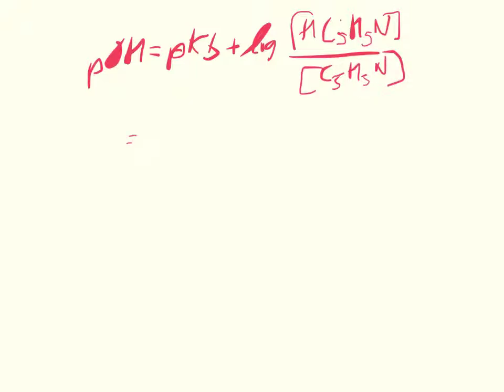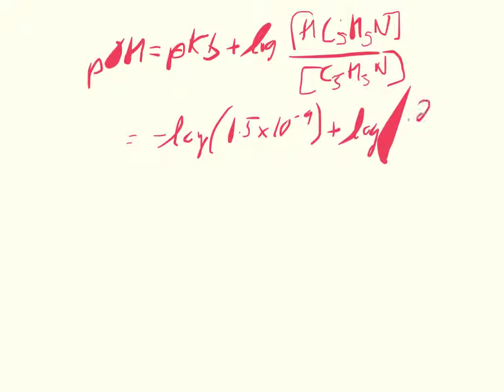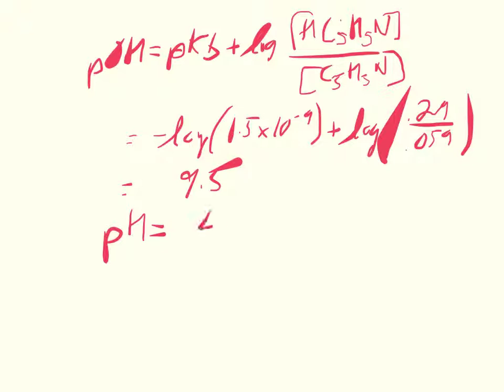If I plug in all my values, it's negative log of 1.5 times 10 to the negative 9 plus log of 0.29 over 0.059. And if I do the math for this, the pOH value comes out to be 9.5. So therefore the pH is 14 minus that, which gives me a value of 4.5.